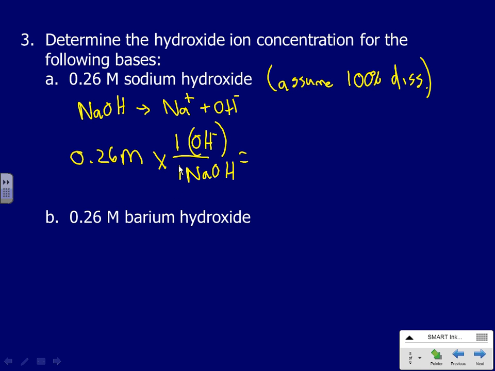We've seen this conversion factor before. It's the one that plucks out ions from a particular substance. If you only get one OH for each NaOH, then you're going to end up with 0.26 molar as being your hydroxide ion concentration, because it's a 1-to-1 ratio.